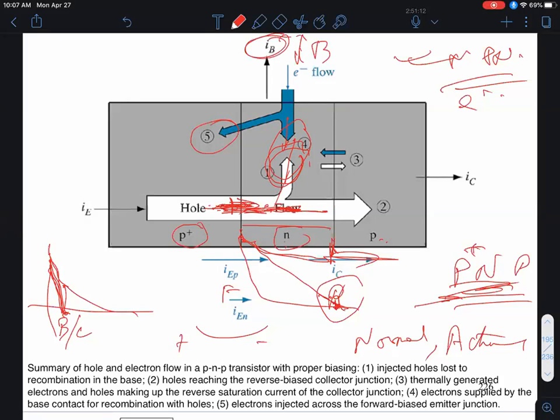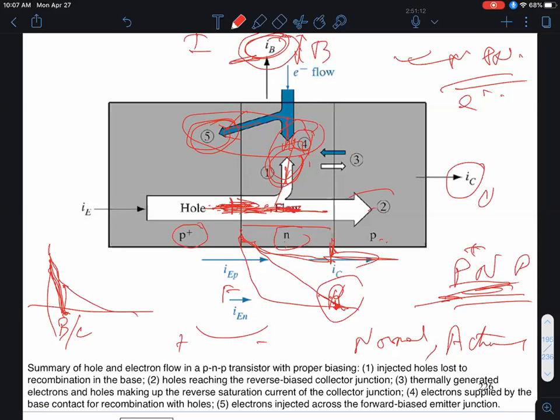The second component of the IB is this back injection of electrons into the forward biased emitter, okay? That's component 5, while component 4 is the recombination losses in the base. So these are the two components which determine your base current. Now we'll see in a couple of slides, in a modern transistor, this is going to be your input terminal, and you want this current to be as small as possible, while the collector is your output terminal.